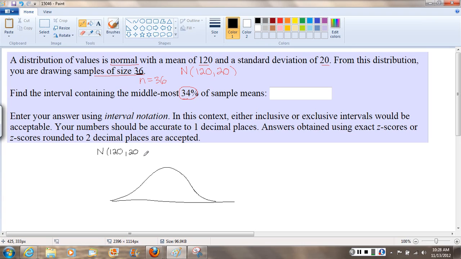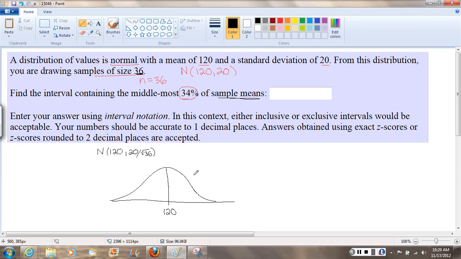So for this sampling distribution of the mean, the standard deviation is not 20. It's 20 divided by square root of 36, because we're looking at the sampling distribution of a mean, right? They're talking about sample means. So the mean of that distribution is the same as the population mean, 120.